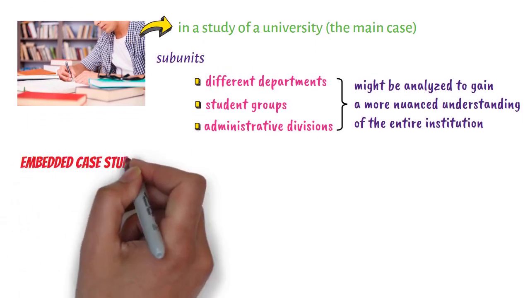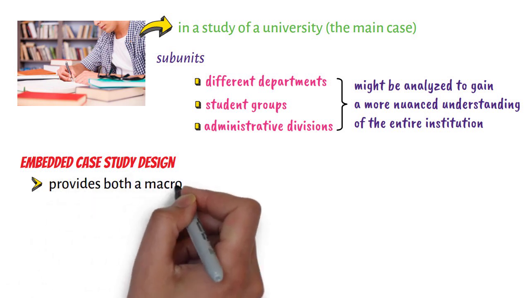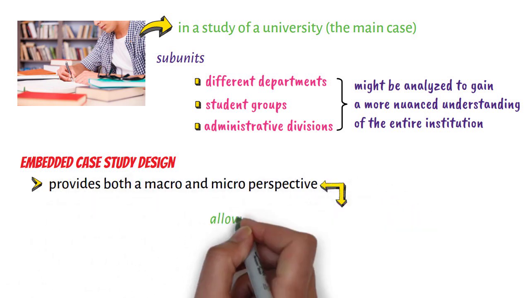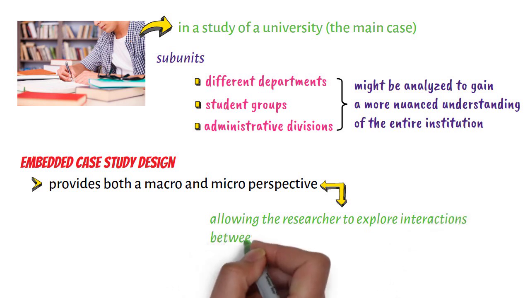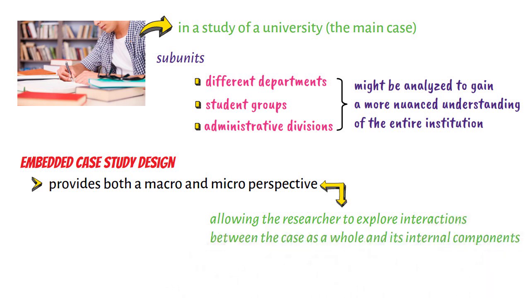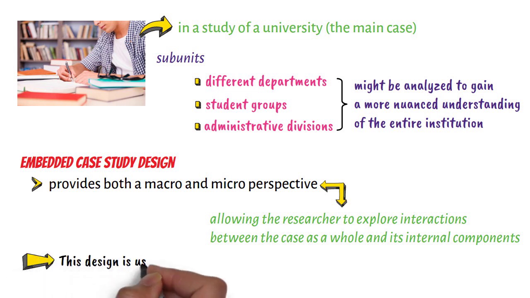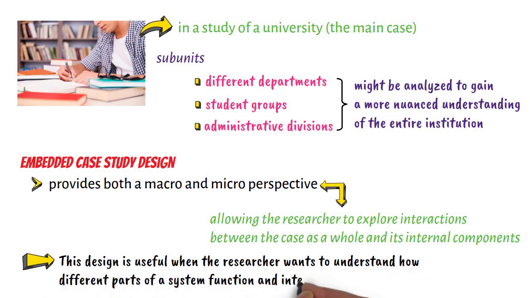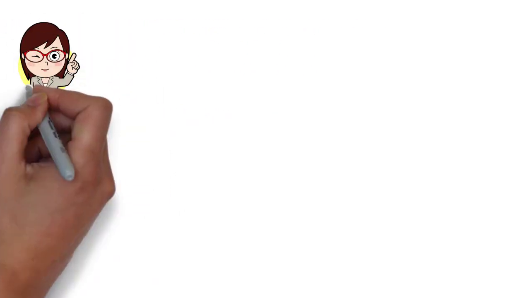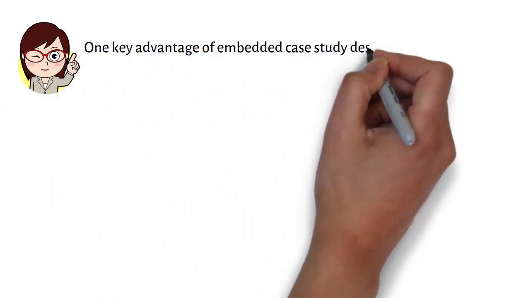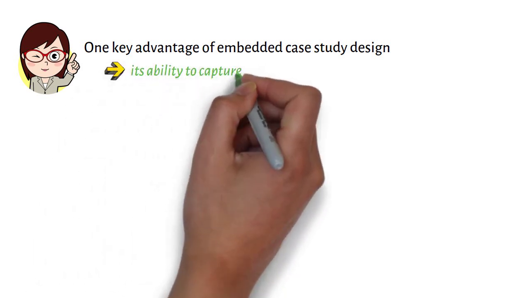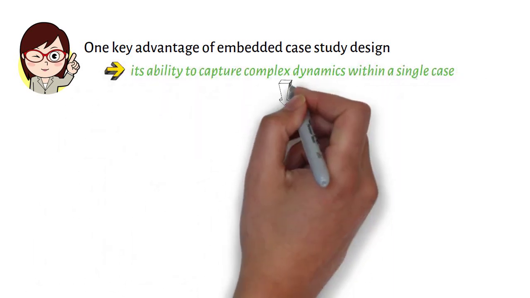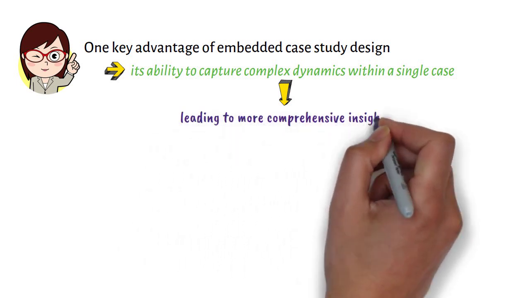The embedded case study design provides both a macro and micro perspective, allowing the researcher to explore interactions between the case as a whole and its internal components. This design is useful when the researcher wants to understand how different parts of a system function and interact within a larger context. One key advantage of embedded case study design is its ability to capture complex dynamics within a single case, leading to more comprehensive insights.